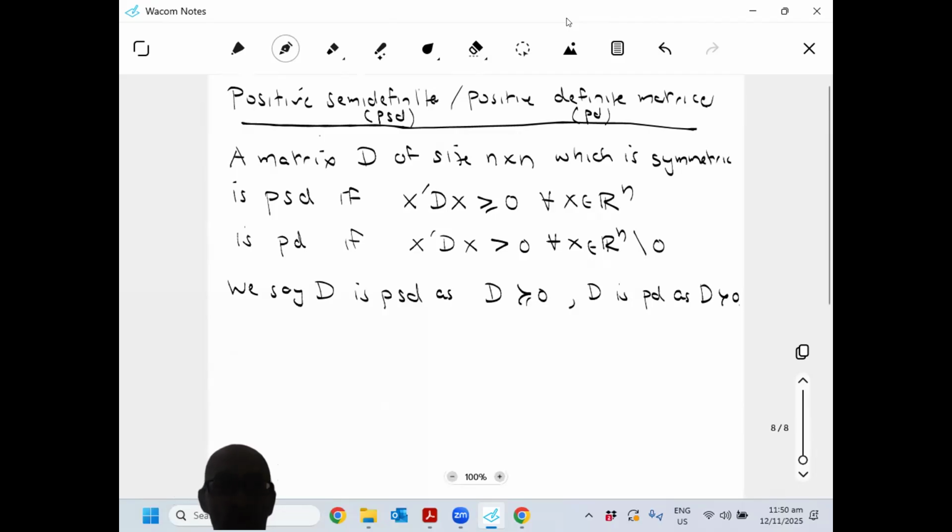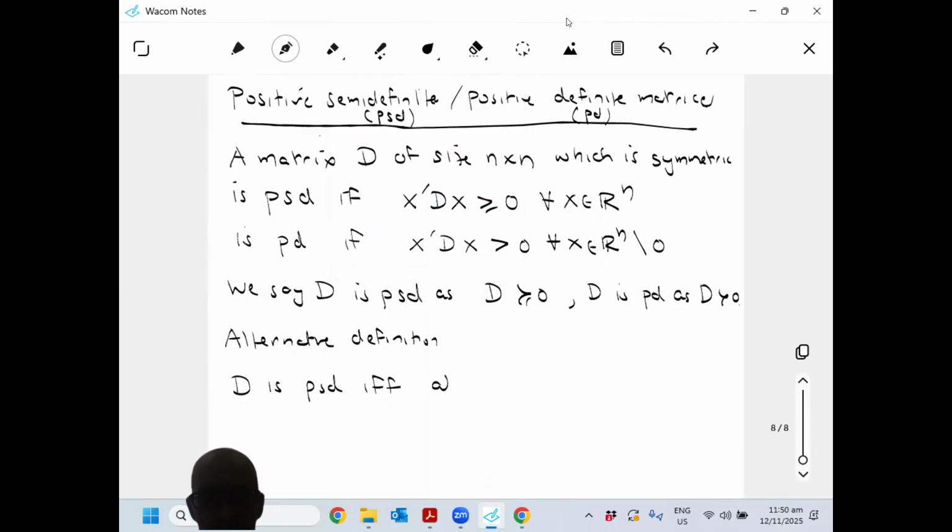It turns out there is an alternative definition. D is positive semi-definite if and only if all eigenvalues of D are non-negative, and it's positive definite if and only if all eigenvalues are strictly positive.